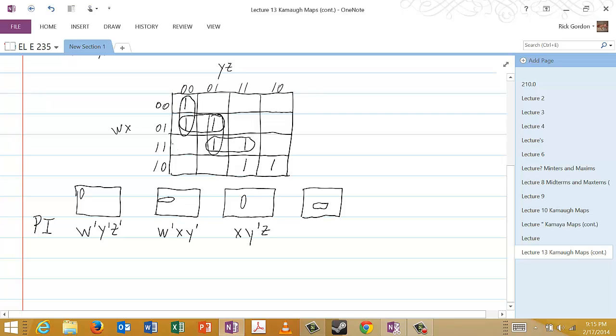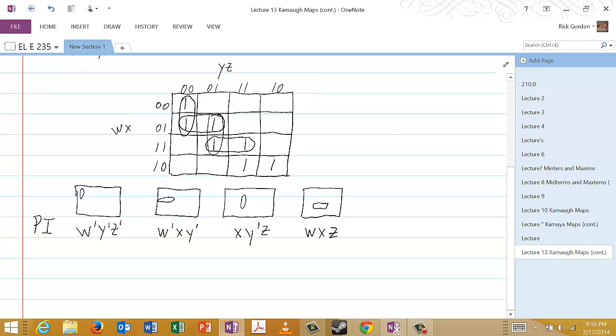X is constant and equal to 1 for these two cells. So part of the name is WX. And now as we look at the Y and Z axis, Y is equal to 0 in this cell, but it's equal to 1 in this cell. And so since Y is changing, it does not appear in the name. Z is constant and equal to 1, so we have Z.